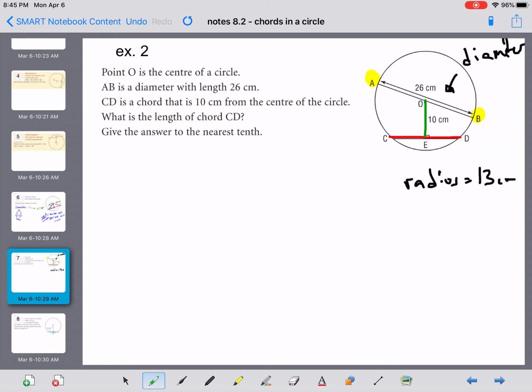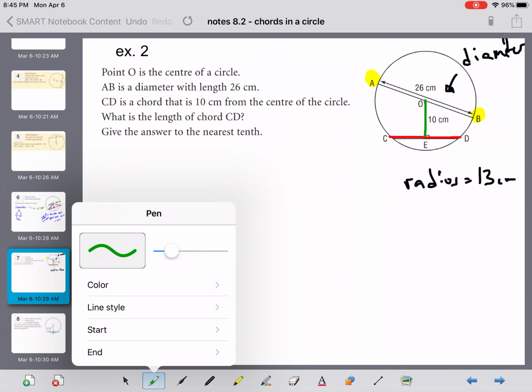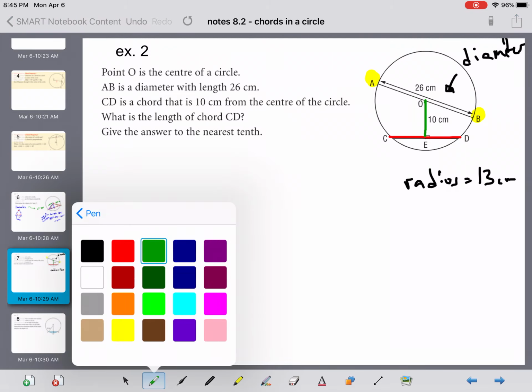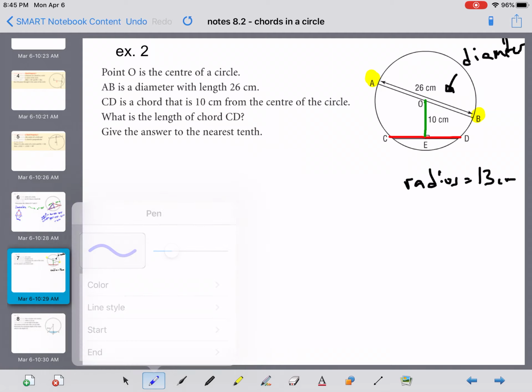I want to ask myself: is there a way to draw a line segment here that I know the length of, that would make a right angled triangle? There's a 90-degree sign, so if I drew a line down like this, I know how long that line is.